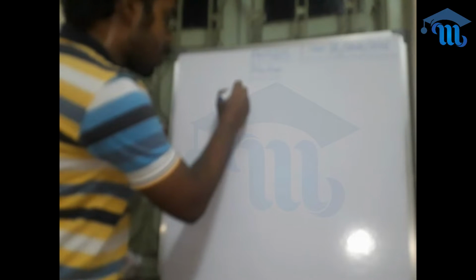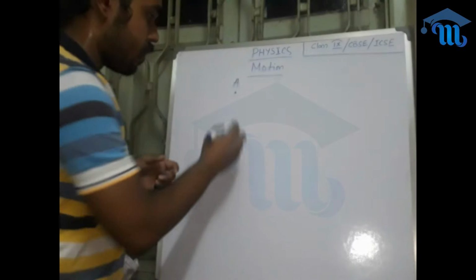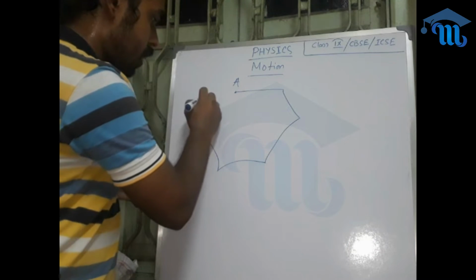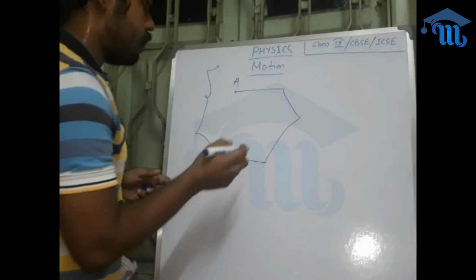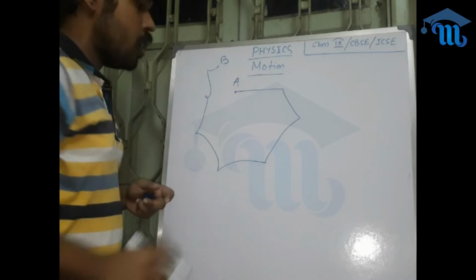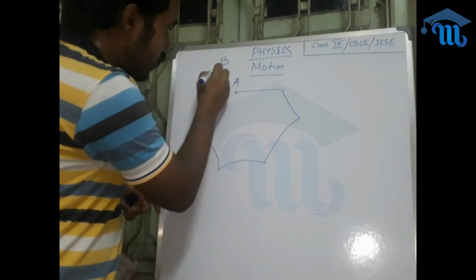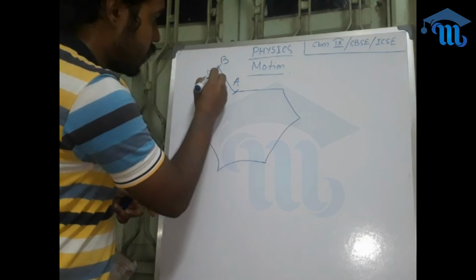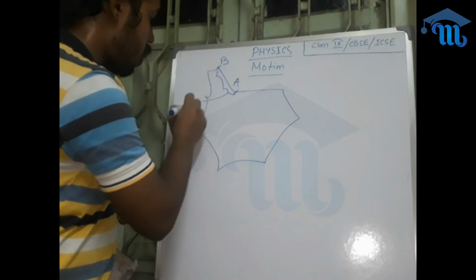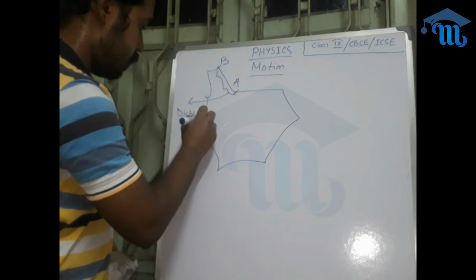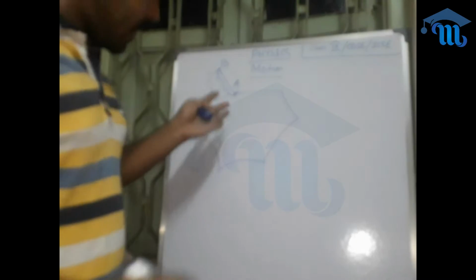A point starts from point A and travels this path and reaches here, that is point B. So what will be displacement? This particular straight distance will be called displacement. So this is the basic difference.